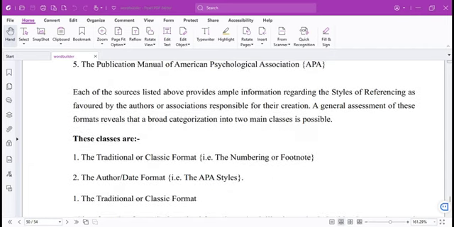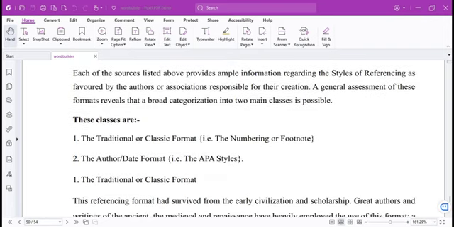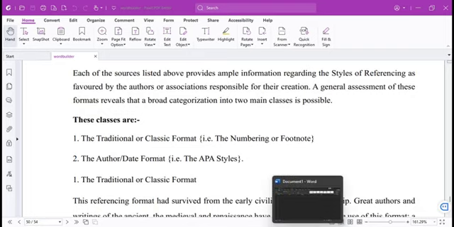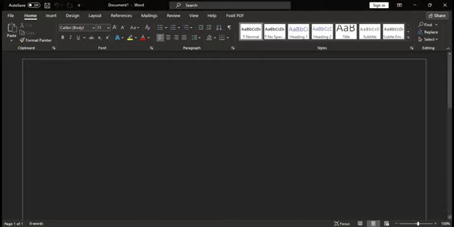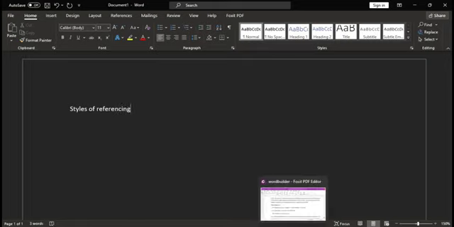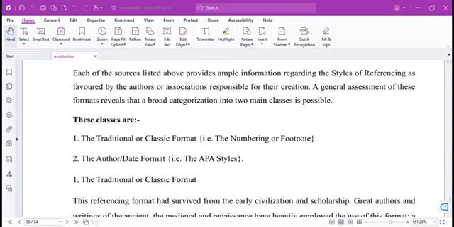So let's take the classes. Let's put it down. Styles of references. The first one is the traditional or classic format.